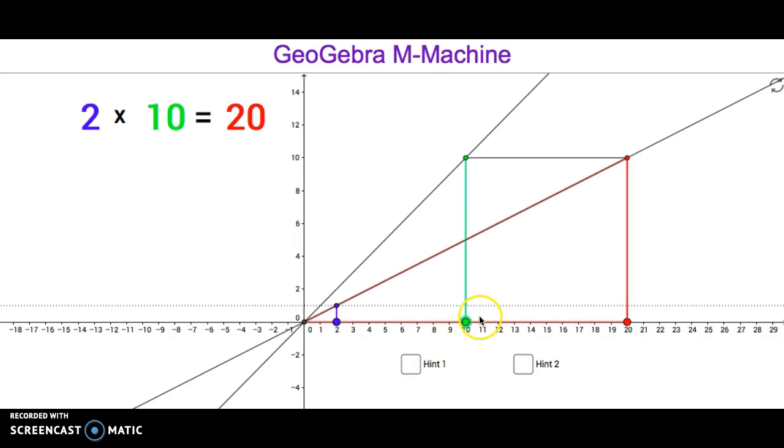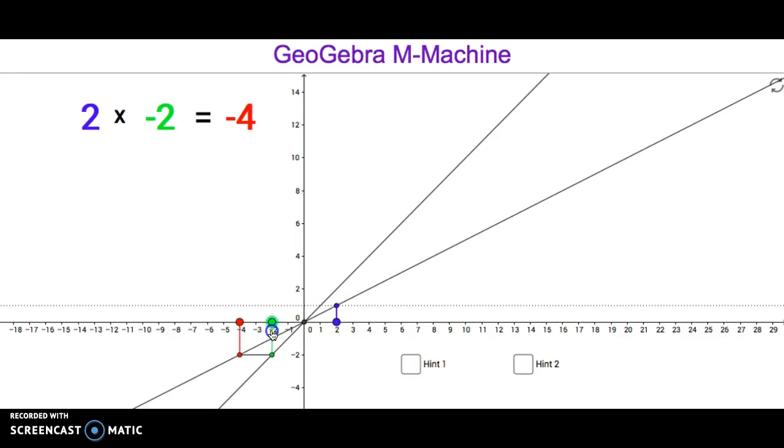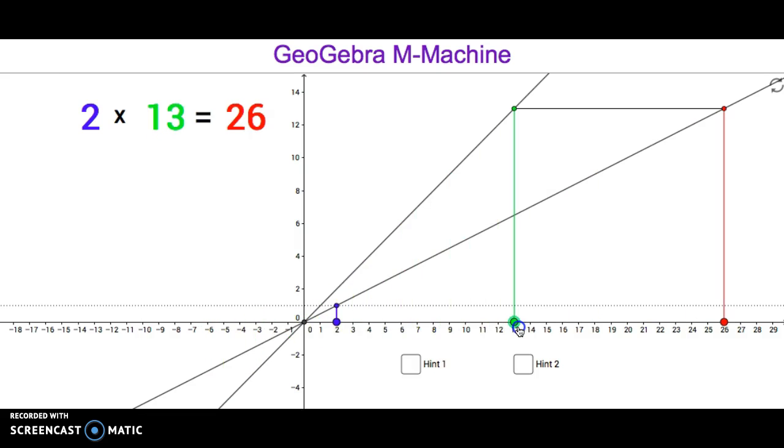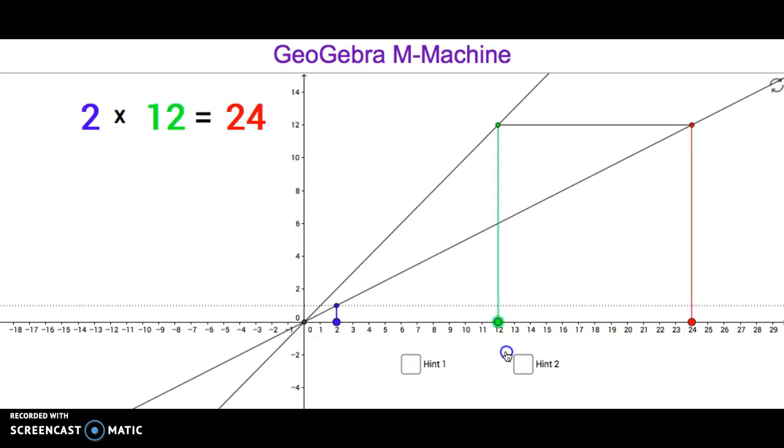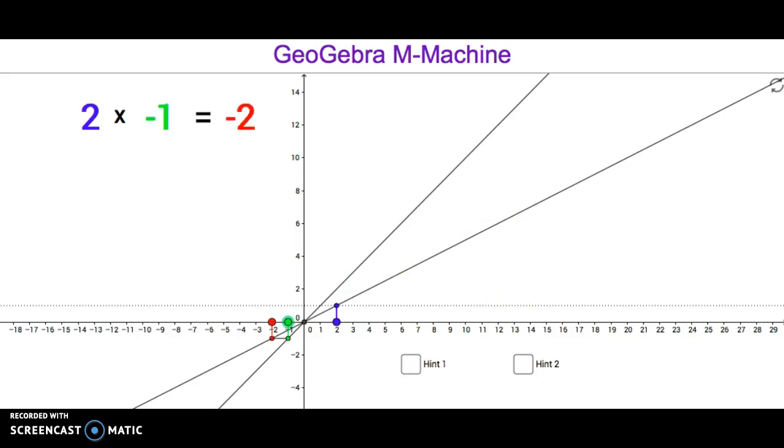Since my x value here is 10, my y value is also 10. If I move it along the x-axis, since my x value here is negative 5, then my y value is also negative 5. So the green line segment is moving along the y equals x line, and it will always do that.